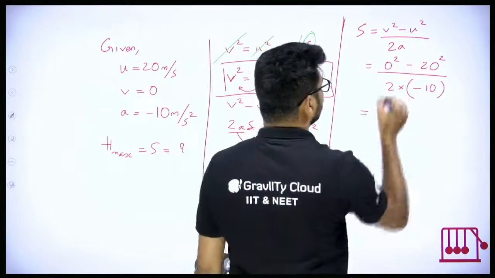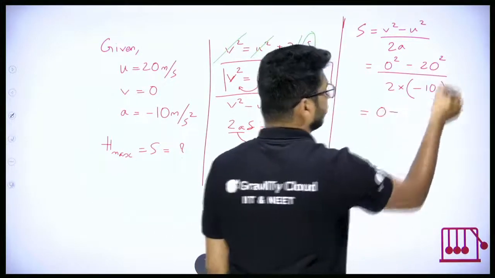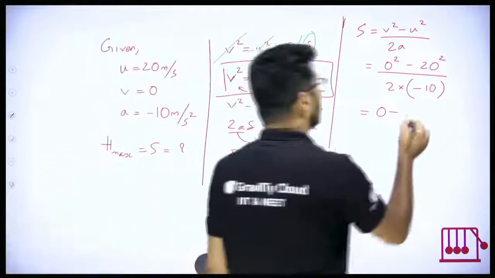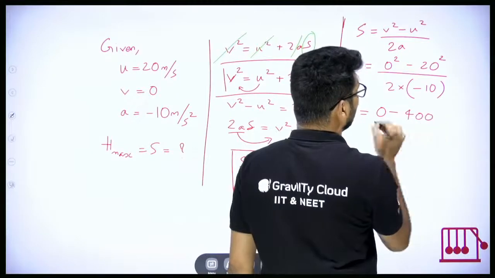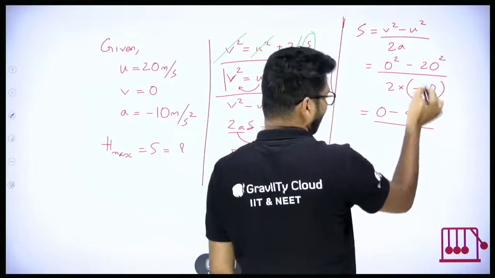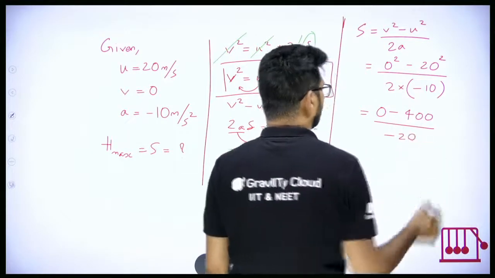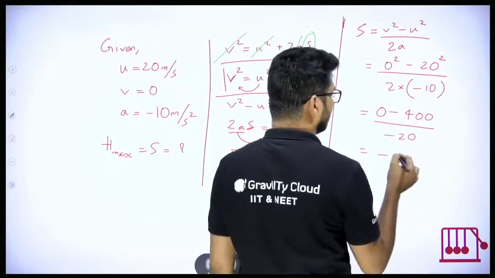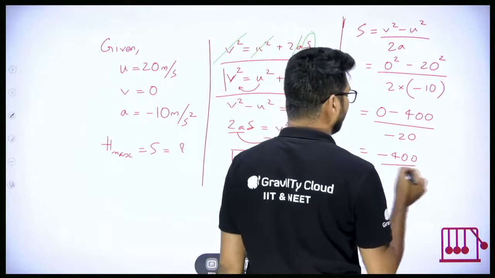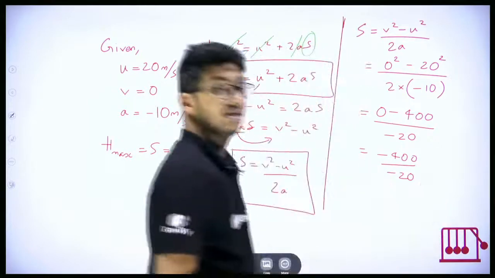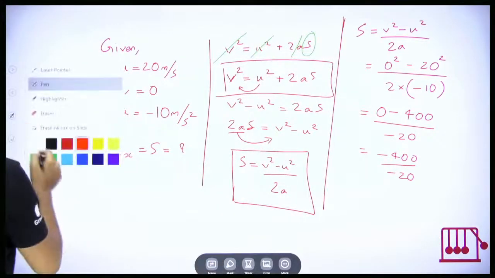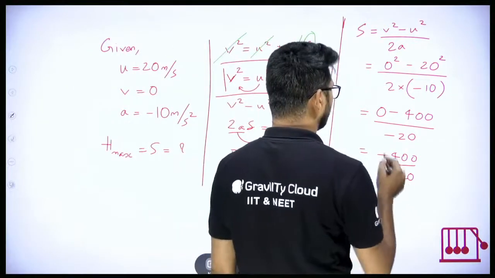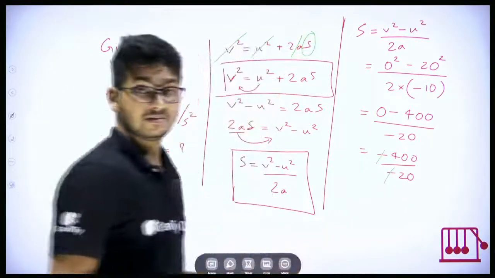Which is equal to 0 square is 0 minus 20 square. 20 square is 20 into 20, which is how much? 400 upon 2 into minus 10. Negative will be there, minus 20. Now here look at this, 0 minus 400, minus 400 by minus 20. Now you will realize the importance of negative sign. You had to take acceleration as negative so that they will get cancelled.